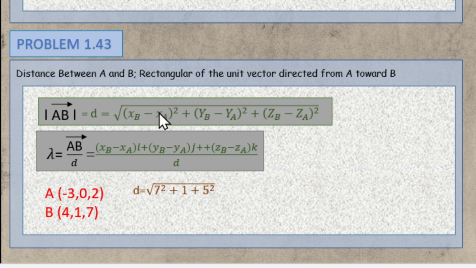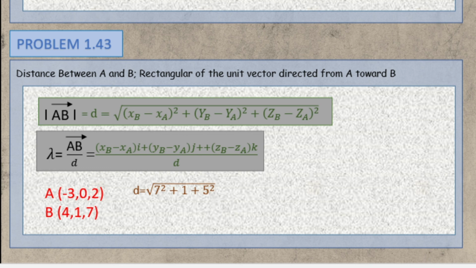Substituting it in the formula, it will be 7 squared. Then B minus A again, 1 minus 0 is 1, so 1 squared is equal to 1. And then plus 7 minus 2 is 5 squared.